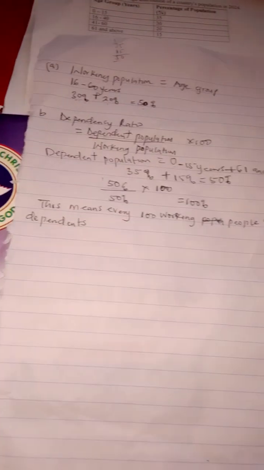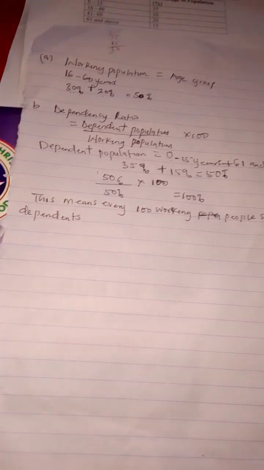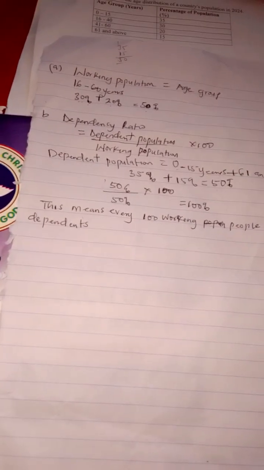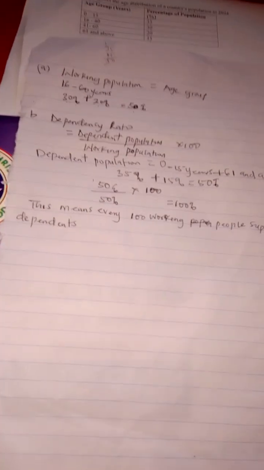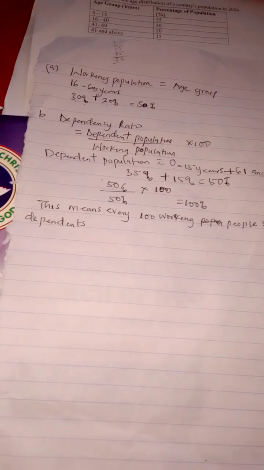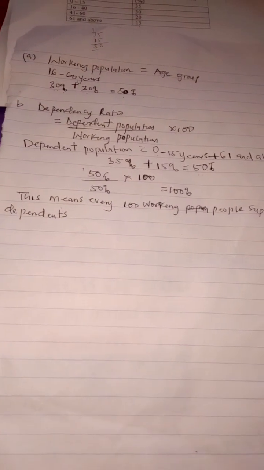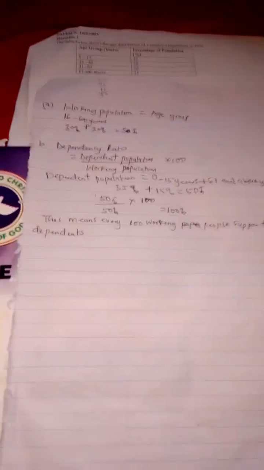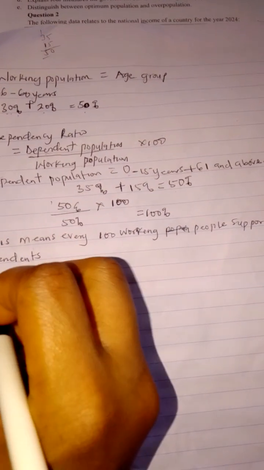So 100 workers support 100 dependents because it's an equal number. Now, let's solve C.